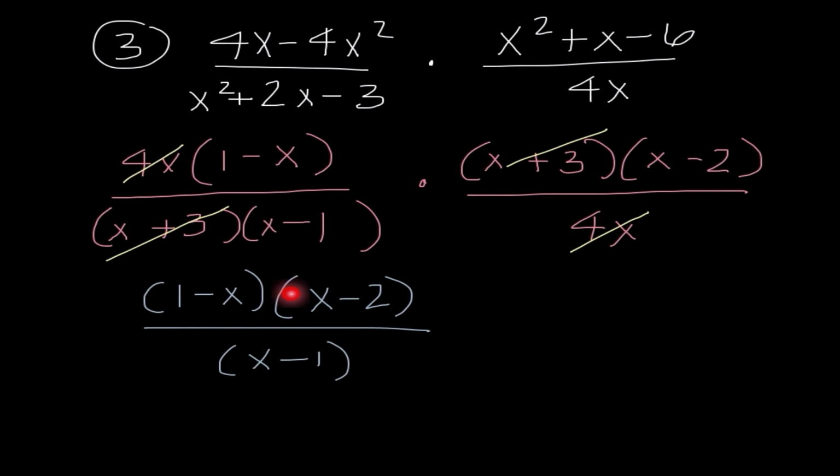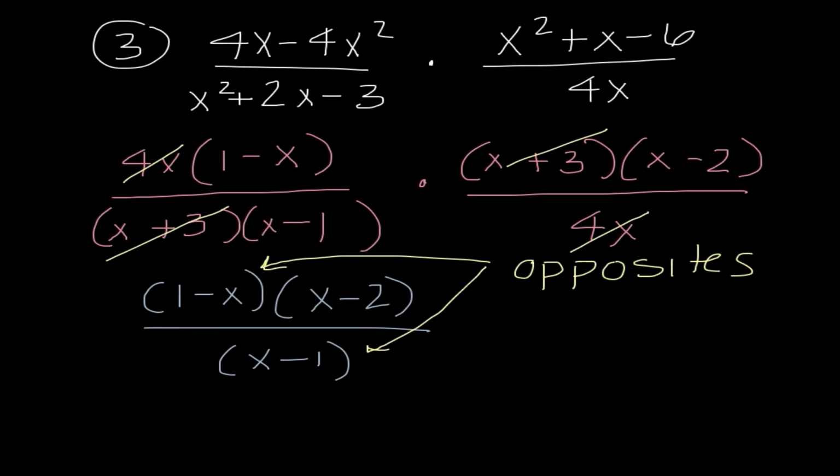And these 2 terms look very, very similar. In fact, you may remember from factoring a while ago that we call terms like this opposites. And when I have opposites, we want to go ahead and factor out a -1 out of one of these 2 parentheses.